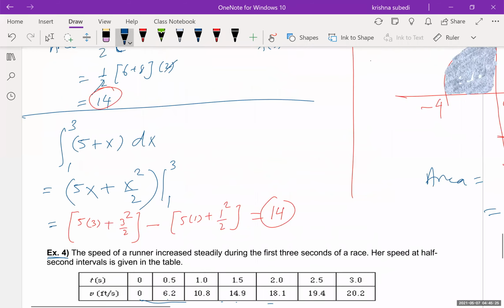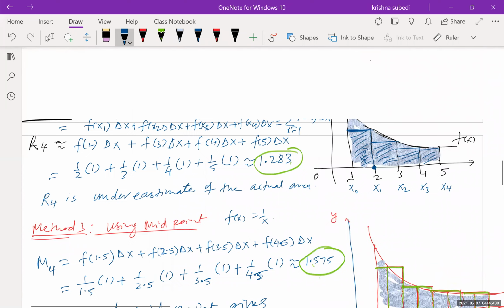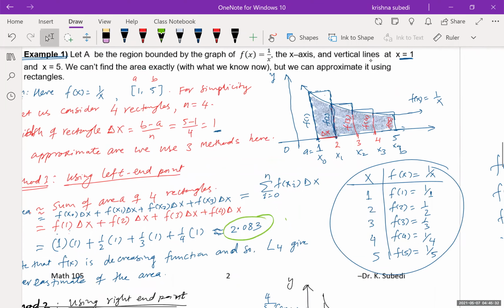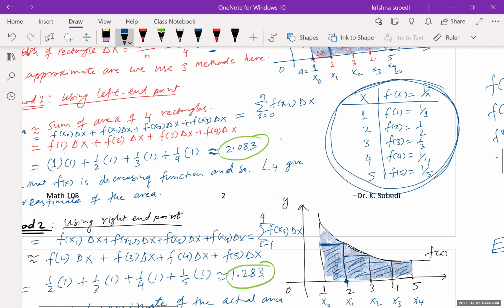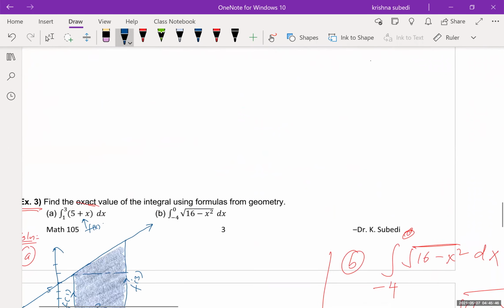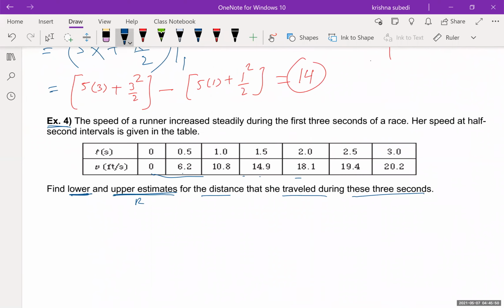If you look at example 1 that we discussed earlier, we had a function, we had to draw the graph, and we had to calculate these values in a table. Now in this question, the good news is the values are already given in the table. No need to draw the graph.